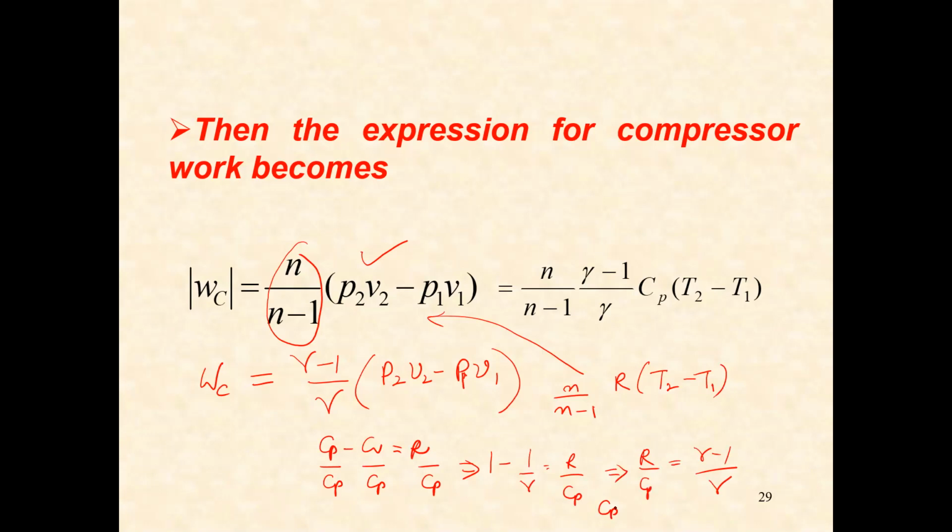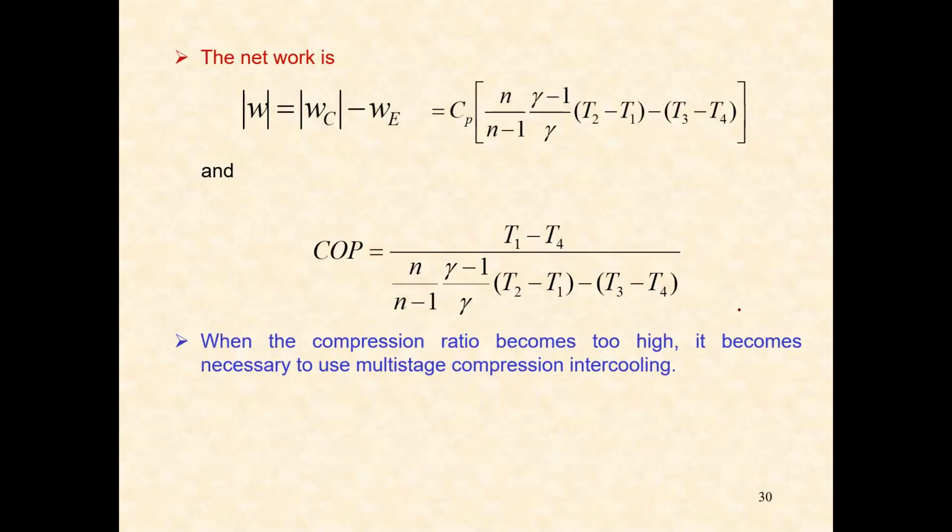Just let me check actually. Gamma minus 1 over gamma, it is correct. Actually I want to calculate the value of R. So R will be given by Cp times gamma minus 1 over gamma. So that is what we have introduced here in this equation. So this is the value of the compressor work.